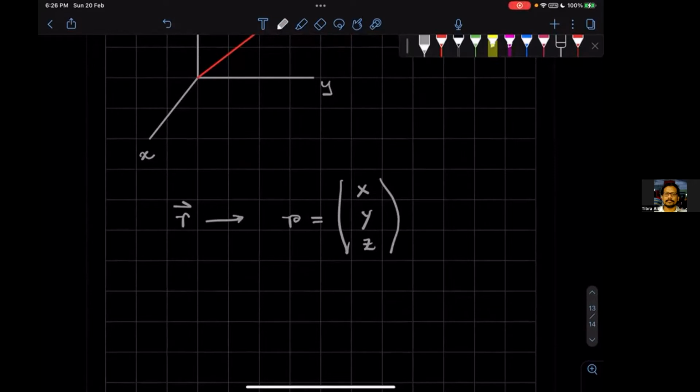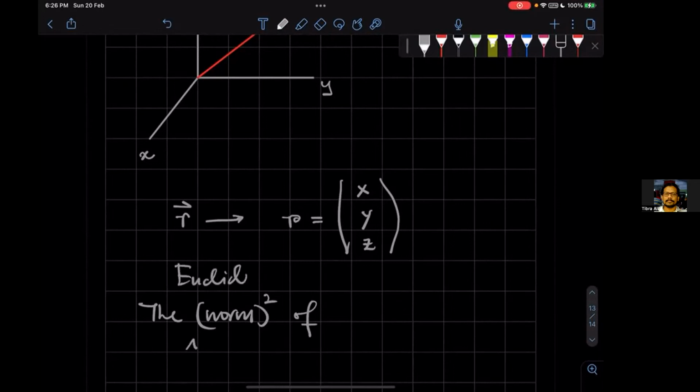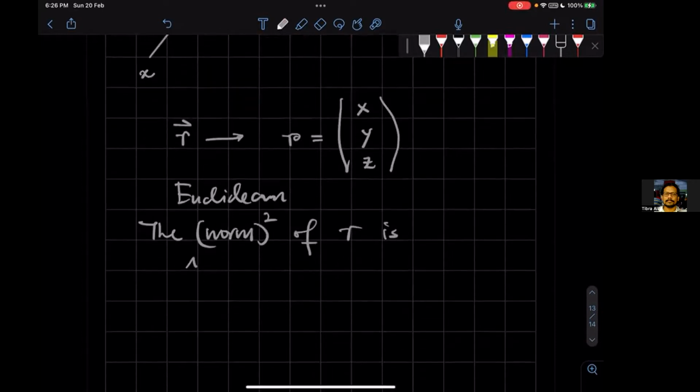So the norm squared, or the Euclidean norm of R, let's call this R squared, in matrix notation, what will this be?